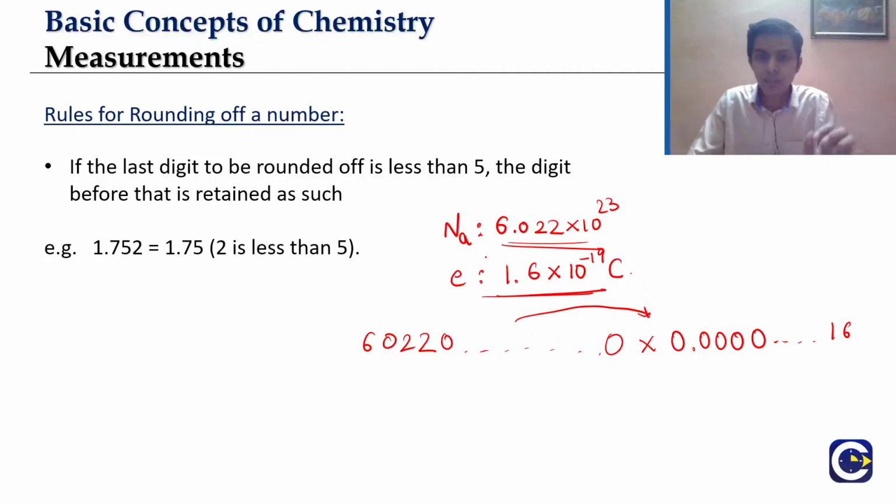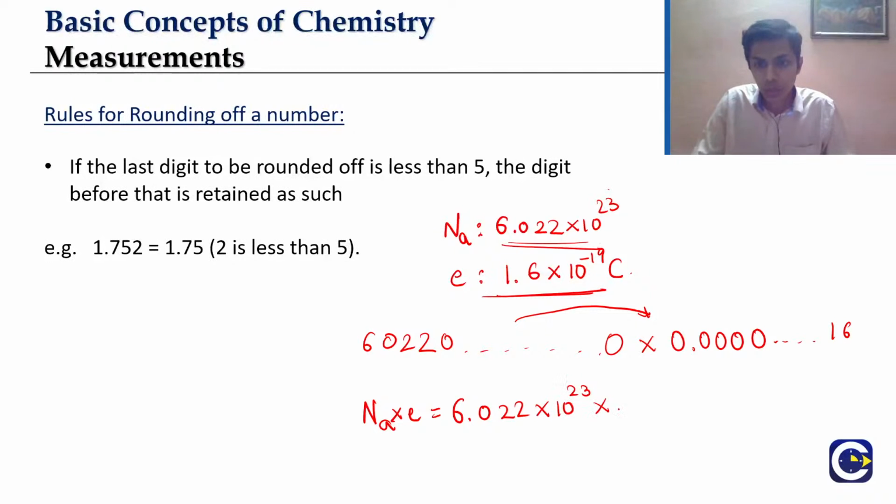So that's why we have scientific notation. How will we do multiplication? If you want Avogadro number into e, it will be 6.022 into 10 power 23 into 1.6 into 10 power minus 19.